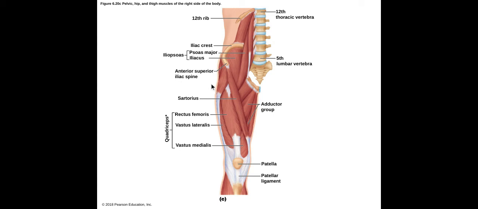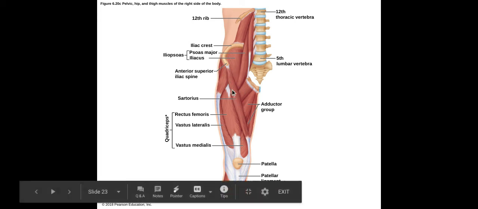The anterior superior iliac spine is just showing where that is. You won't be tested over the bones anymore. Sartorius is this muscle that kind of goes down sideways in a way. Adductor groups are here, kind of like the inner leg there.